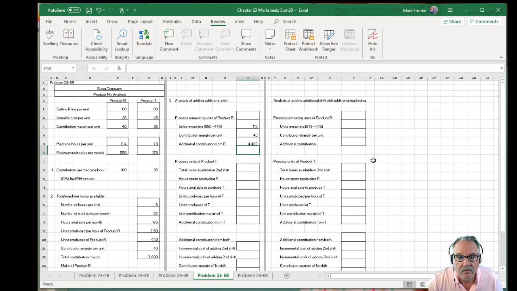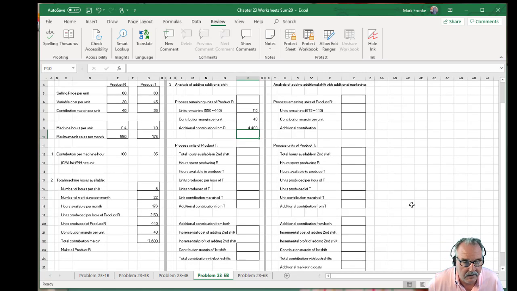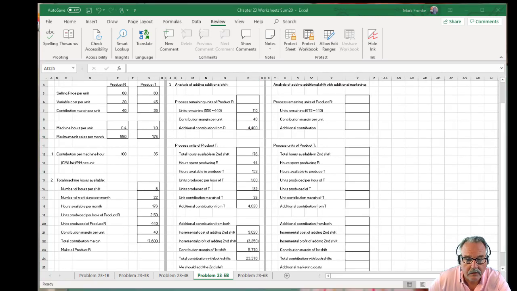I'm going to stop the video and fill in the rest of requirement 3, and I'll be right back. Okay, so I've done the analysis on adding the additional shift, and based on this analysis, our contribution margin is going to increase $5,770.